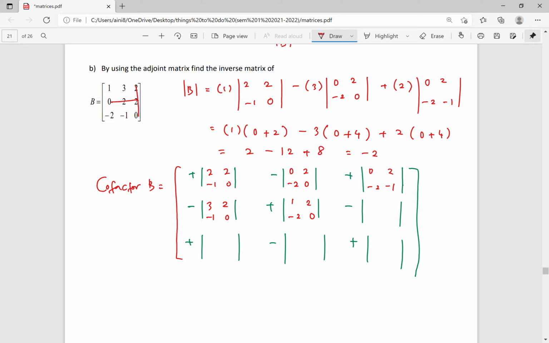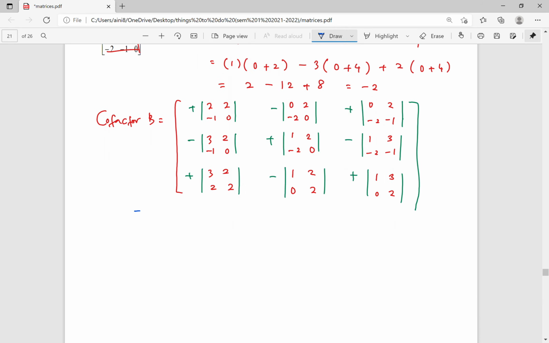And the second row and the third column is 1, 3, negative 2, negative 1. And then the third row and the first column, 3, 2, 2, 2. And the second part is 1, 2, 0, 2. And the last one is 1, 3, 0, 2.